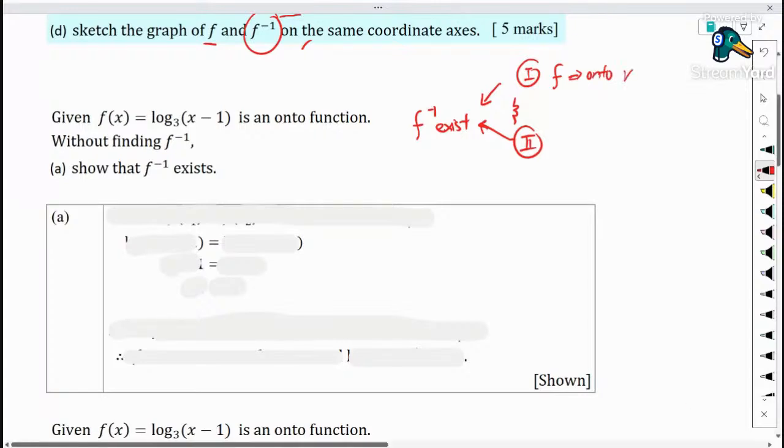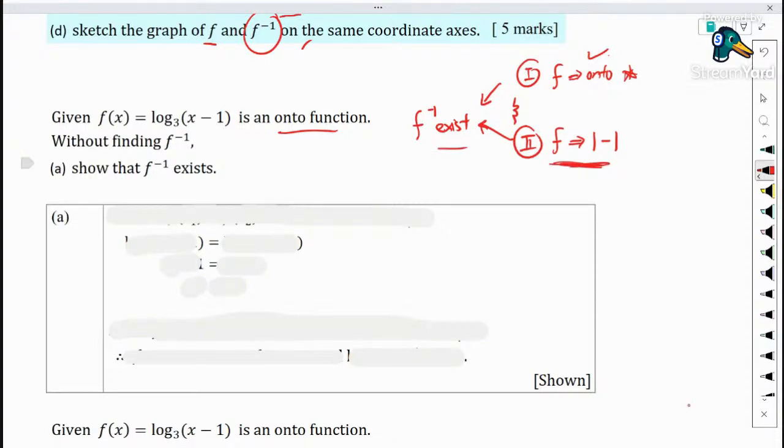This is the part that we usually neglect because there are no calculations done when proving. But in this question, you don't have to do any proving because it's already stated in the question. So this one is confirmed, yes. Then we only focus on the second condition, which is that f is a one-to-one function. If you are able to prove that this is one-to-one, then we say f inverse exists.